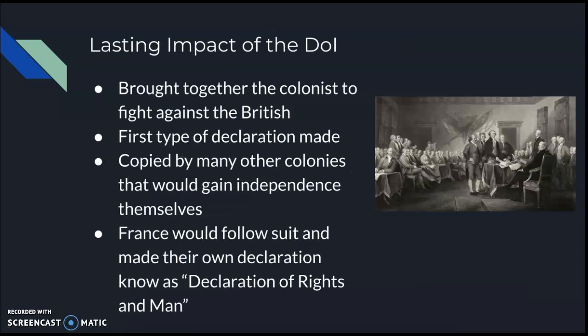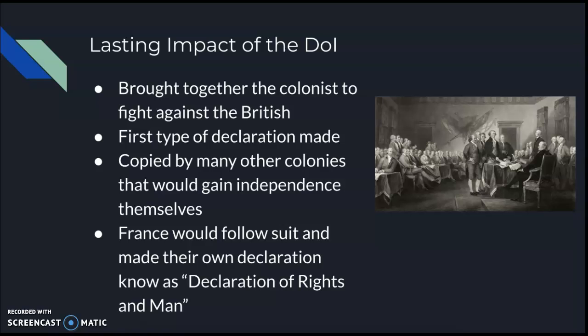Okay? So what's the lasting impact of the Declaration of Independence? The document itself brought together the colonists to fight against the British. It was a rally cry, a fighting cry for them to get together and fight against one common enemy, who was the king and the British. This was the first ever declaration made, especially in the new Western world, in the Americas.